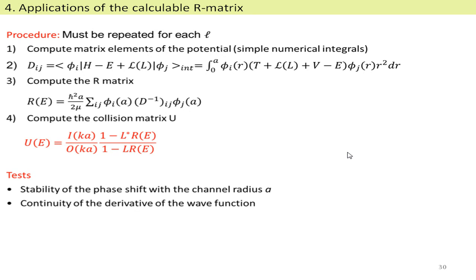But in fact, this is true for the exact wave function. So if your basis is large enough, then you will have the continuity of the derivative. But if the basis is not well adapted, and I will show you an example, the derivative of the wave function is not guaranteed. So these are two important tests of the R matrix.